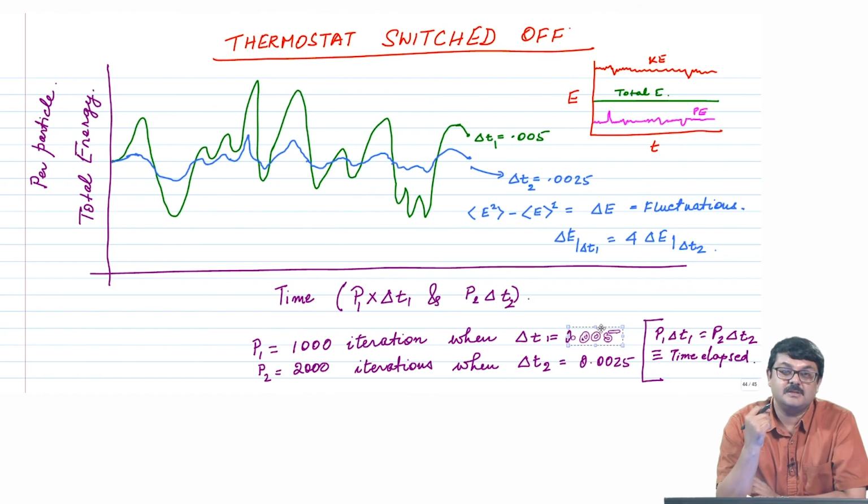Whether you keep the thermostat on or off depends upon the physics of the problem, and upon what you want to study. If you want to study the system in a microcanonical ensemble where no energy fluctuations are allowed, then you keep the thermostat off, and the energy will be perfectly conserved.